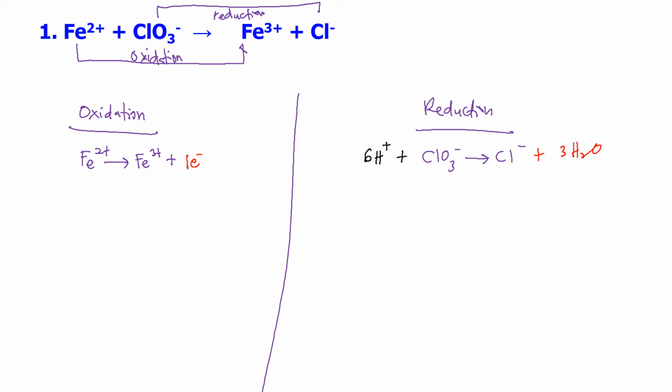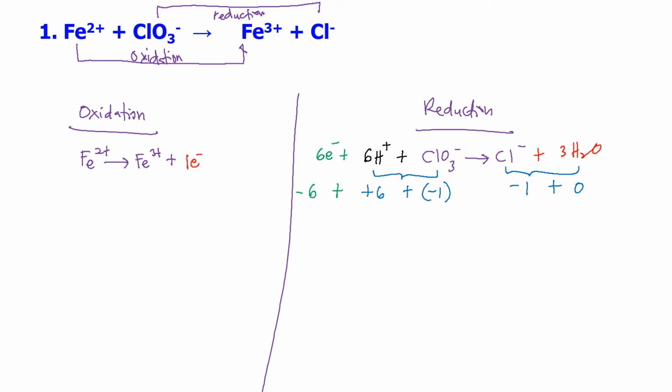As you can see here, you have plus 6 plus negative 1. Meanwhile, after the arrow, you have Cl negative 1 plus 0. So what you must do is add electrons on the left side of the equation. How many? 6 minus 1 gives 5. To make it negative 1, how many more electrons do you need to add? 6 electrons.